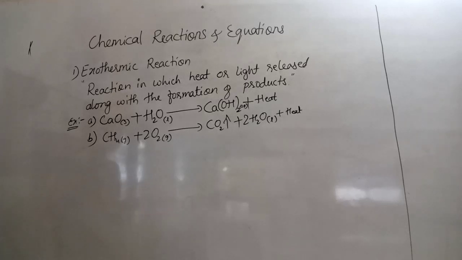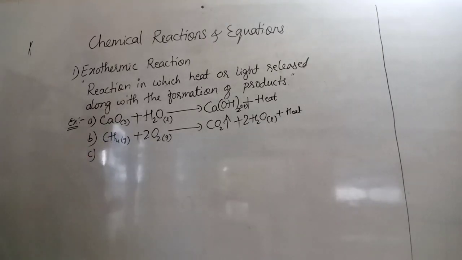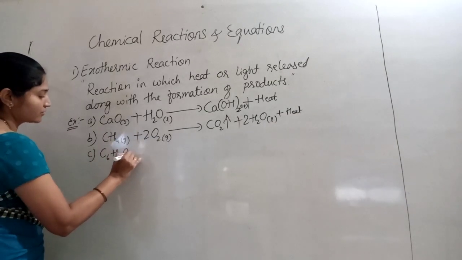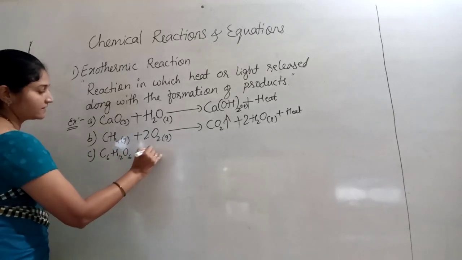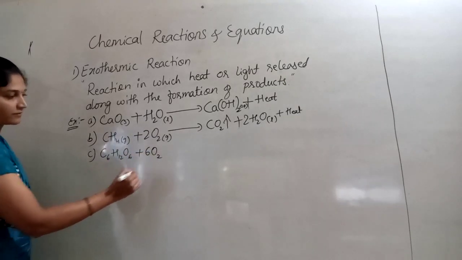Okay, and in our body also, whatever food we consume is going to react with oxygen and break down. What is that? Glucose, C6H12O6, with oxygen, 6 molecules of oxygen.